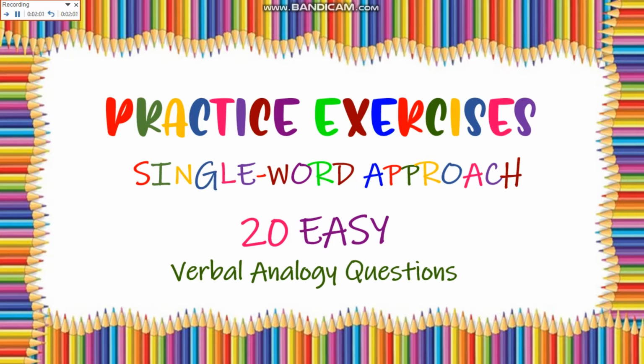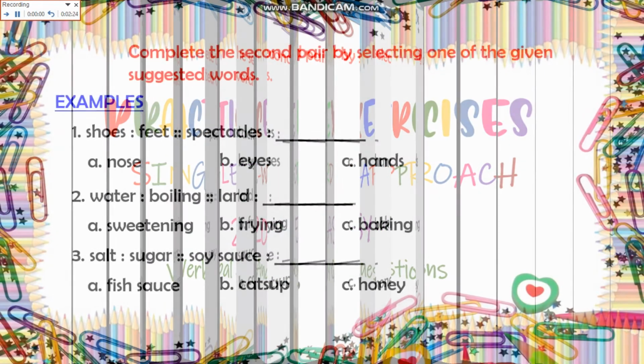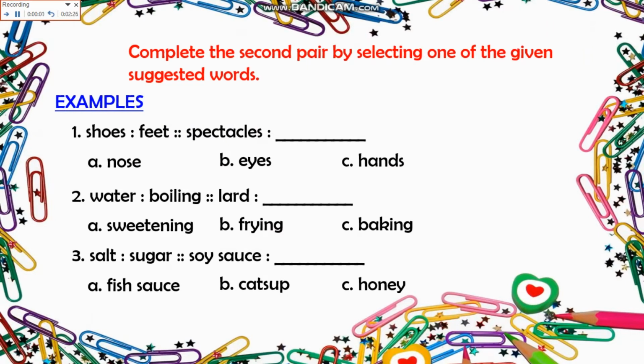Remember the order, and select the answer that exhibits the same relationship as the first pair. Fourth tip, always choose the best possible answer when confronted with choices which seem to be possible answers. So let us try to take the first slide.